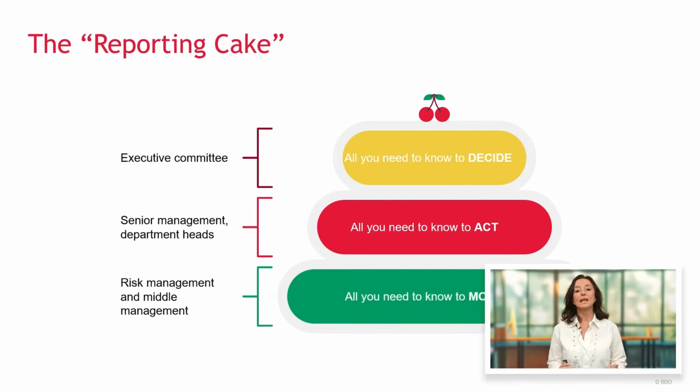Once you go one level up to senior management and division heads, it's all you need to know to act, because reporting needs to drive actions. And then at senior management level, executive level, board level, it's all you need to know to decide, because that's where the decisions lie. It's a principle-based rule of thumb, but it might help you slice down the information as you go up the organization.